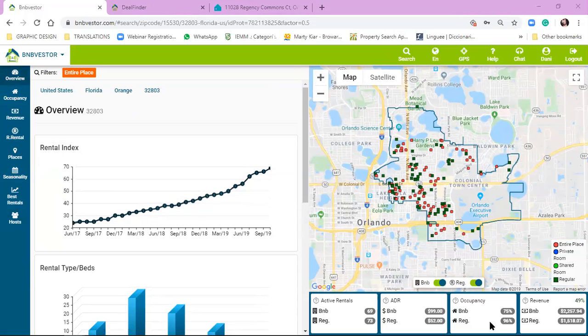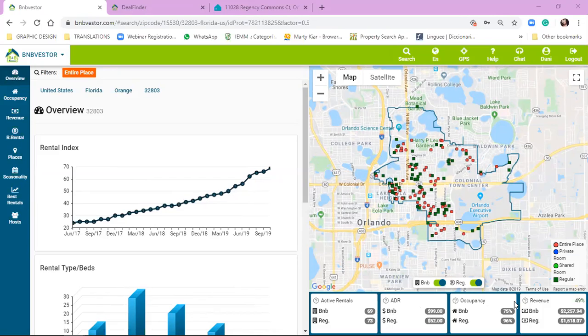Okay, over here in 32803 Orange County, I apologize, I didn't say that correctly. We have 69 active B&B rentals, and we have 73 active regular rentals. And $99 of average daily rate for B&B rentals, and for regular, 52.